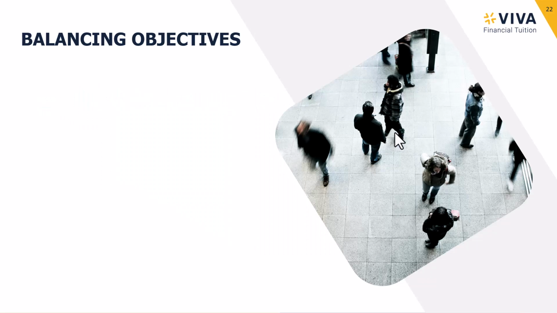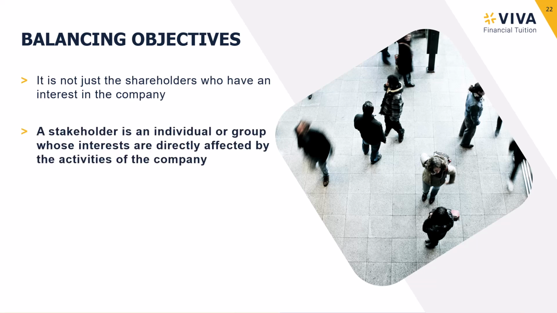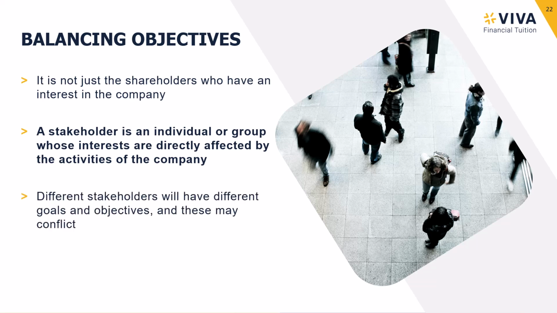Stakeholders. Now, it's absolutely imperative for any organisation to ensure that they get the balance right in terms of their different stakeholder groups. It's not just the shareholders who've got an interest in the company. A stakeholder is any individual or group whose interests are directly affected by the activities of that company.